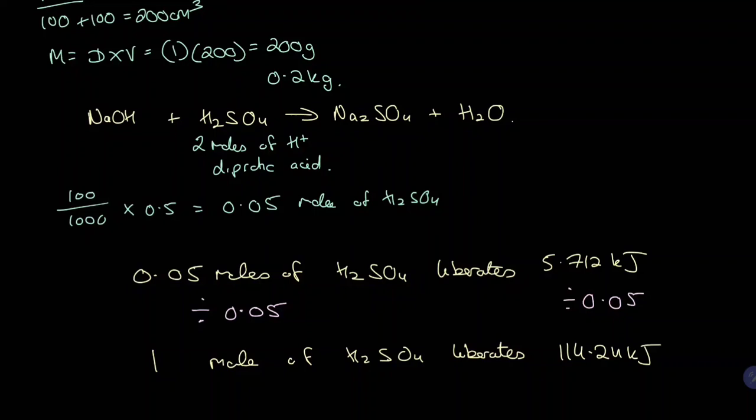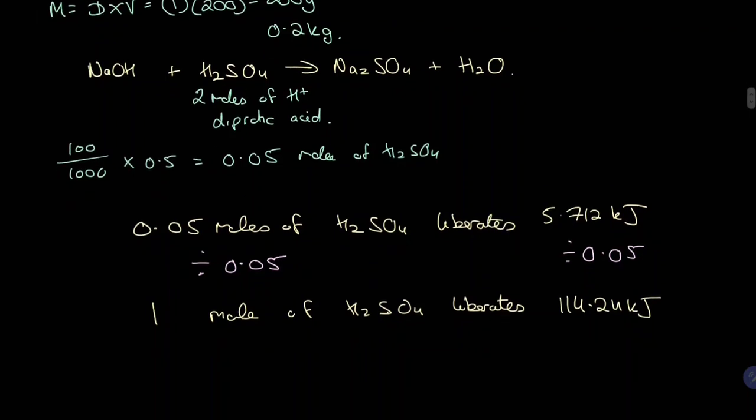This much energy. But now, from the very original definition, it's not 1 mole of acid, it's 1 mole of hydrogen ions. So, in 1 mole of H2SO4, we actually have 2 moles of H plus ions.